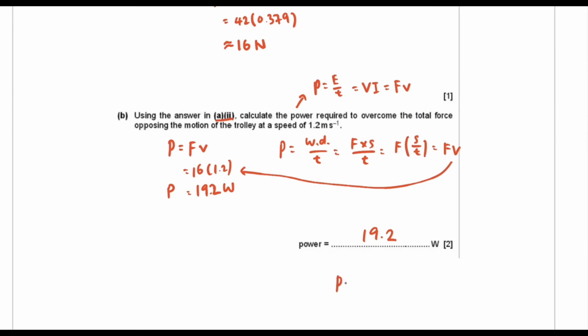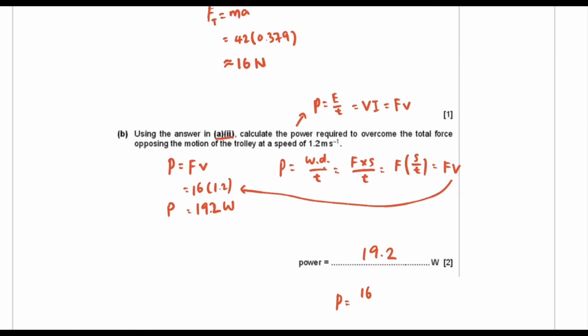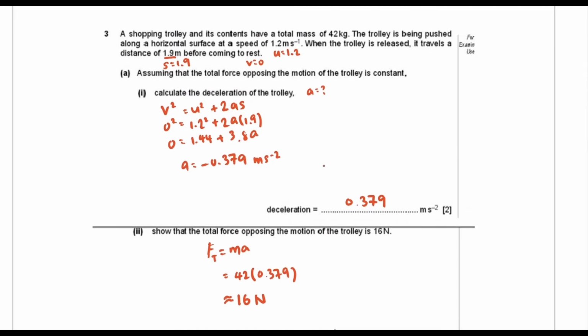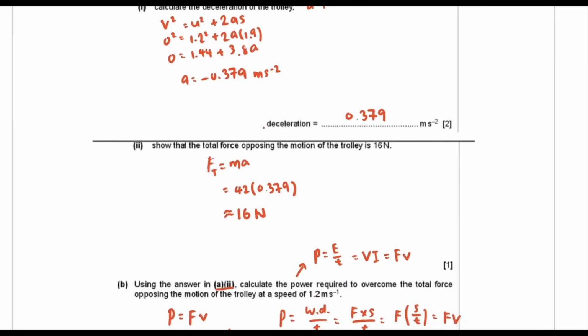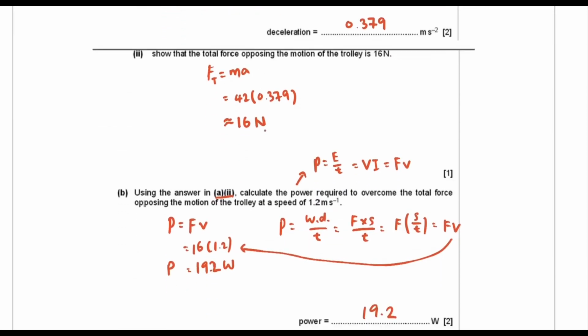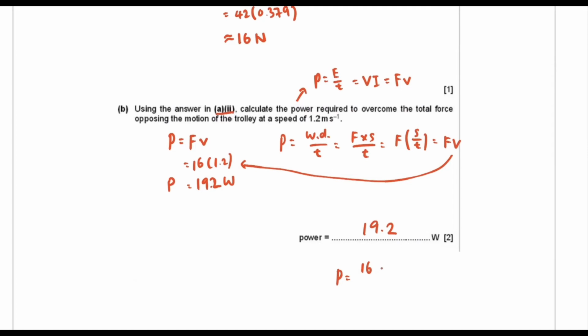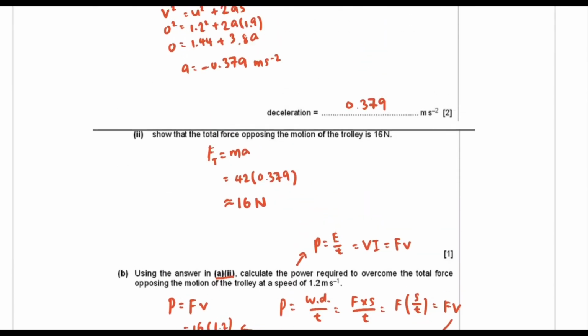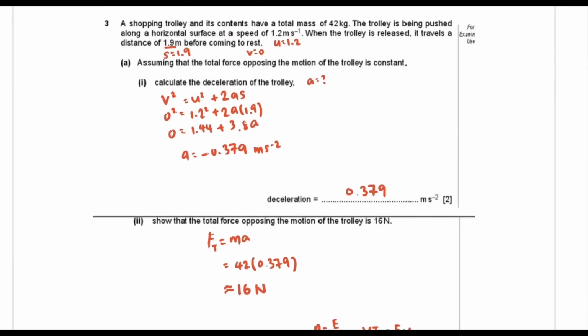We do it down here. 16. Do you substitute the displacement? Yeah, 1.9. Okay, so you are using the displacement here, 1.9. Then what time you put? I use the acceleration and calculate, because it is uniform deceleration. So you count the time.